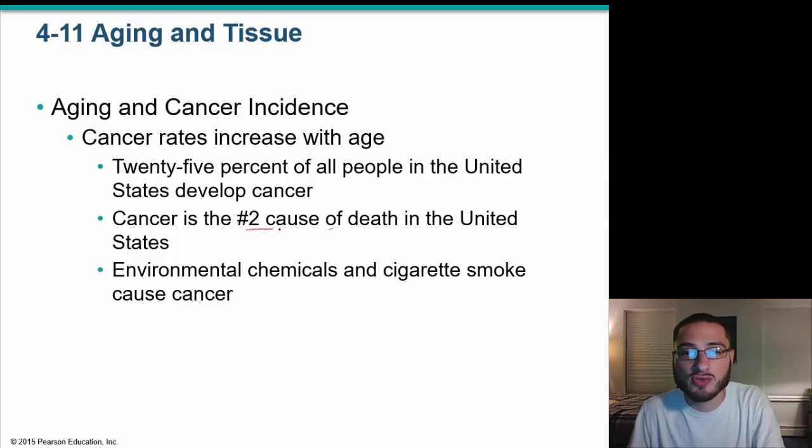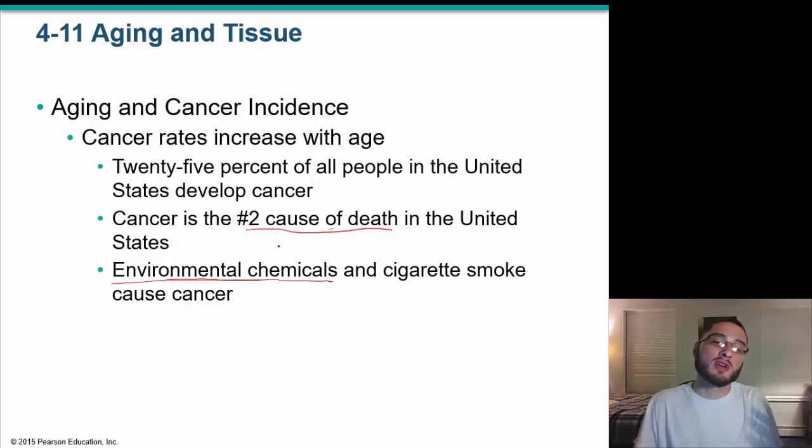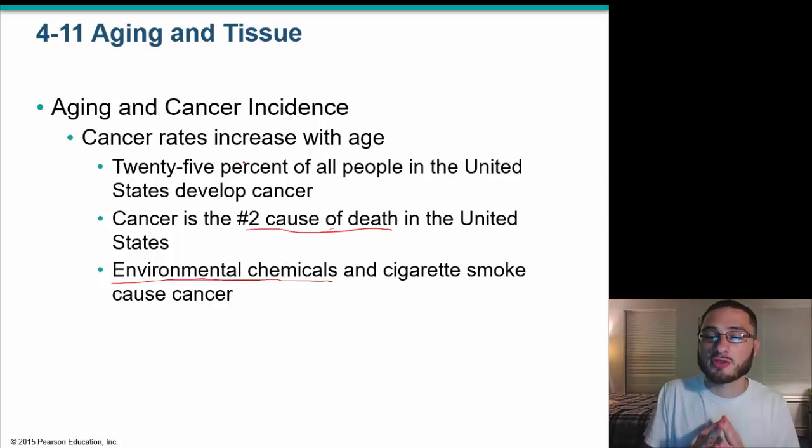Cancer is the #2 cause of death in the United States. All right, environmental chemicals and cigarette smoke cause cancer. So environmental chemicals, I don't know how well we're doing with those necessarily. Okay, we always hear about more and more things in the news, how we're exposed to so many environmental chemicals, but cigarette smoke we have cut back on as a population, so that's helpful.